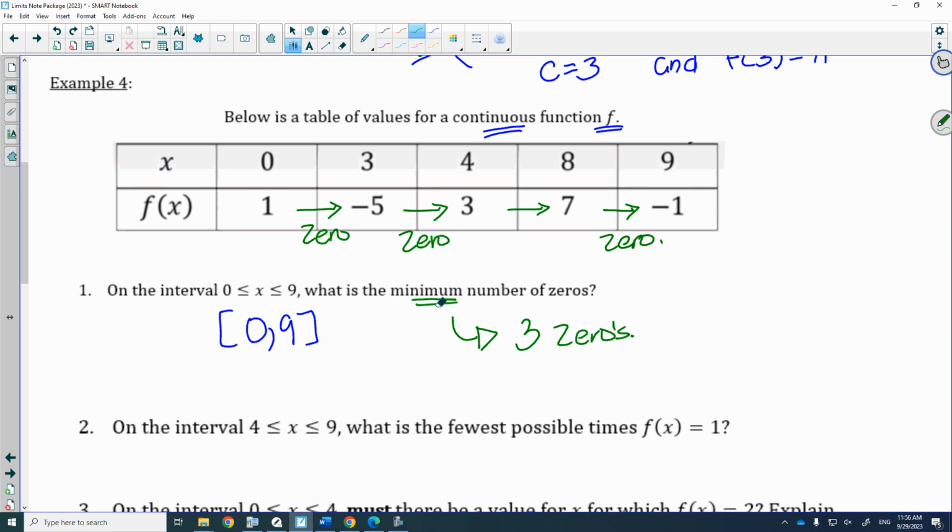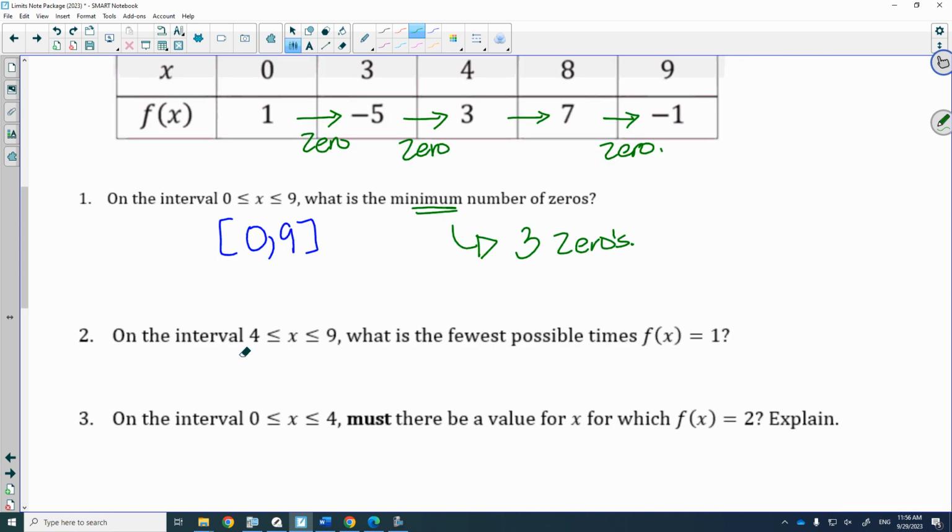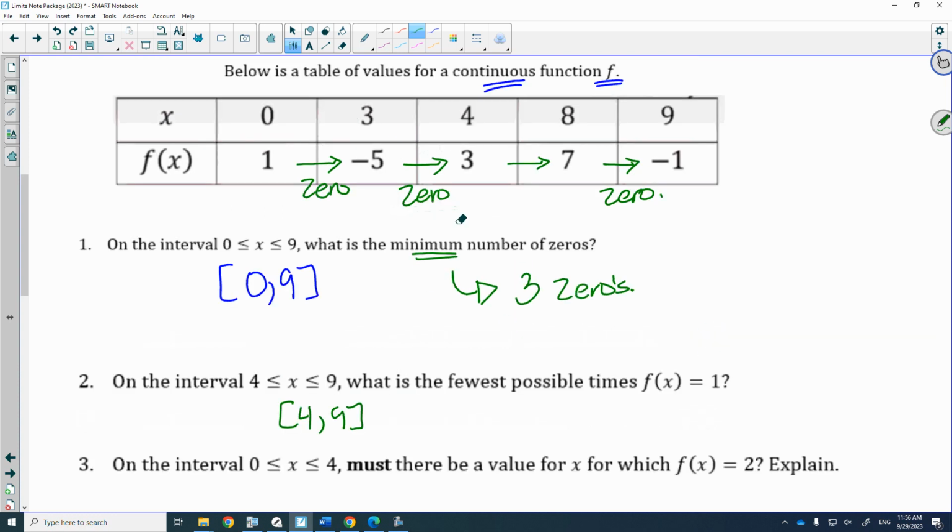Okay, on the interval 4 to 9, what is the fewest possible times that we would have a y value of 1? So let's look at 4 to 9.